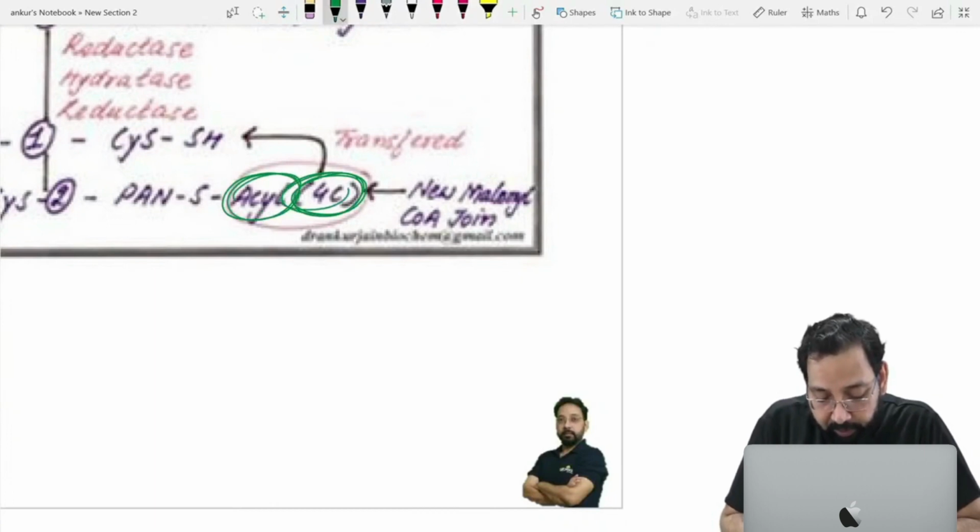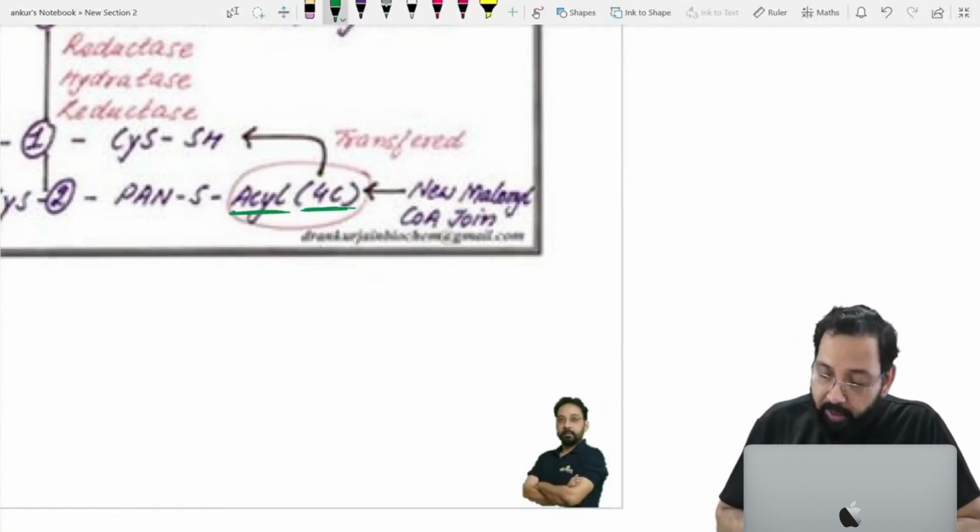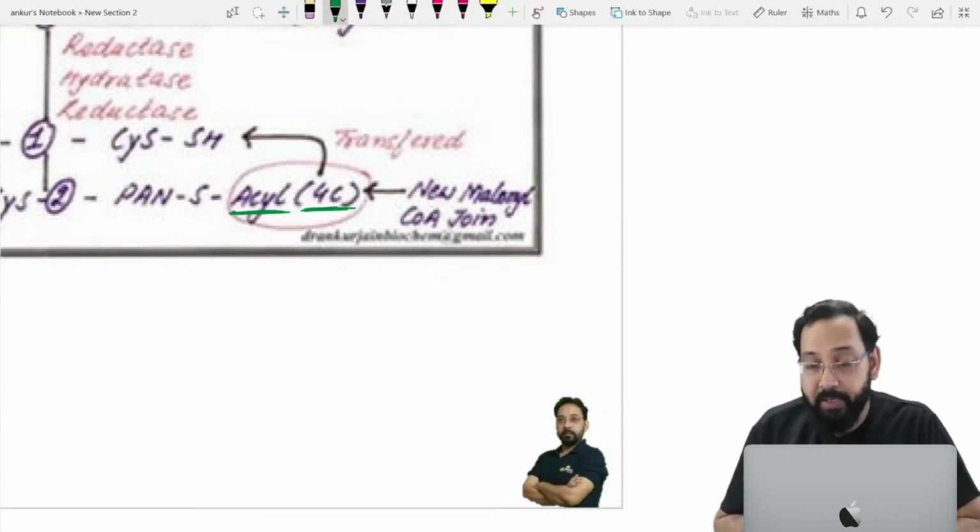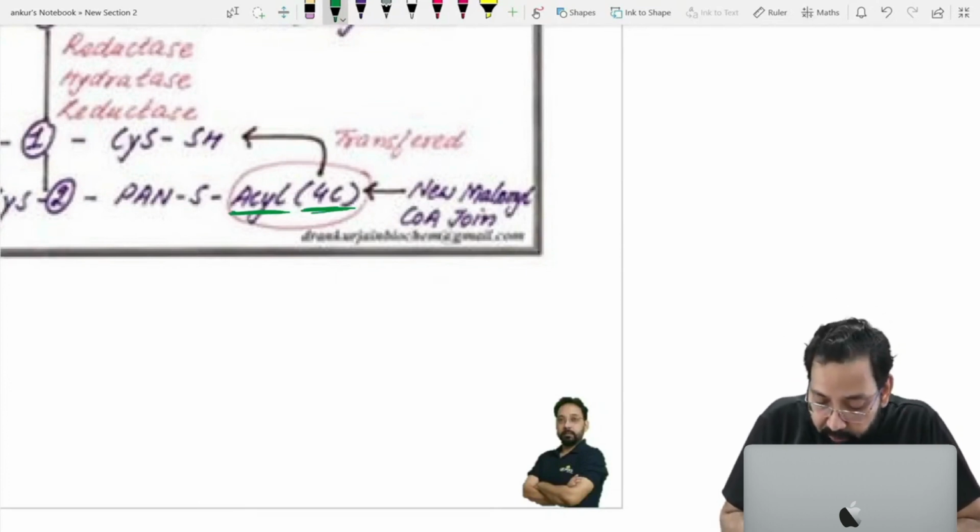I want to make this butyric acid. You can say butyric acid is acyl coenzyme A having how many carbons? 4. I have told you the common name of all fatty acids is acyl. Butyryl is acyl. Palmitoyl is acyl. Stearyl is acyl. So this is acyl having 4 carbons.